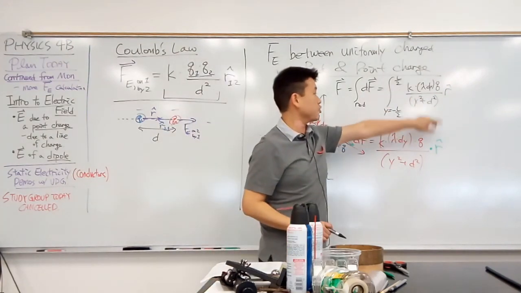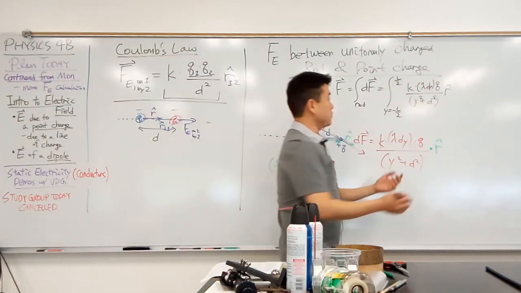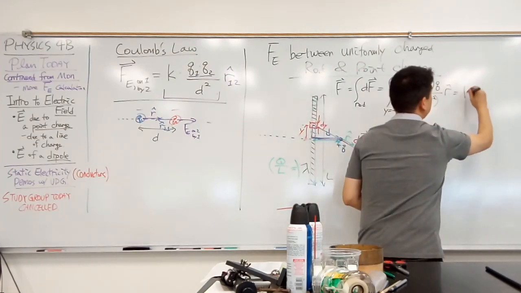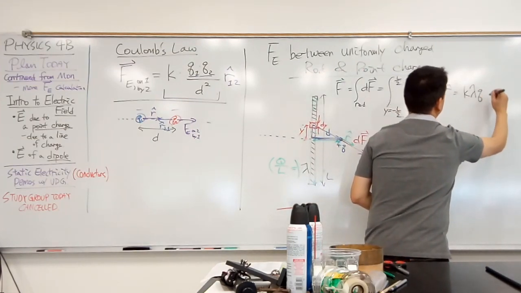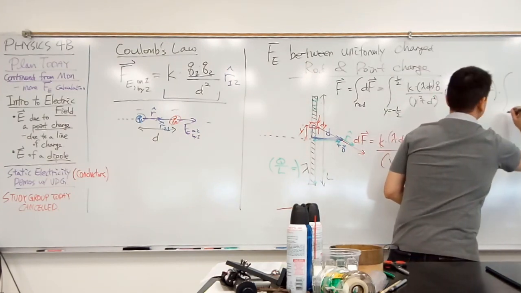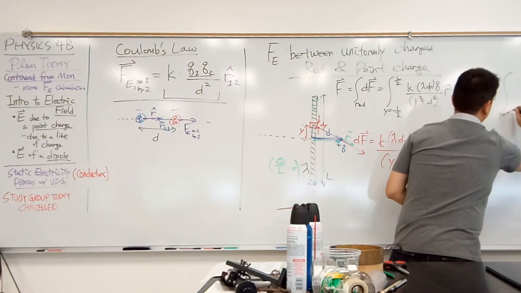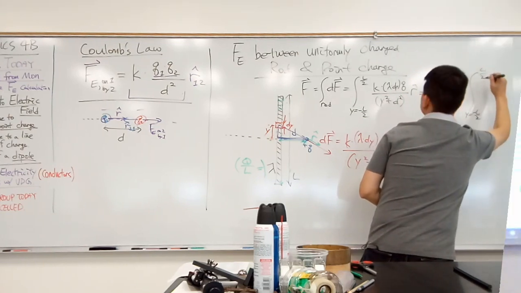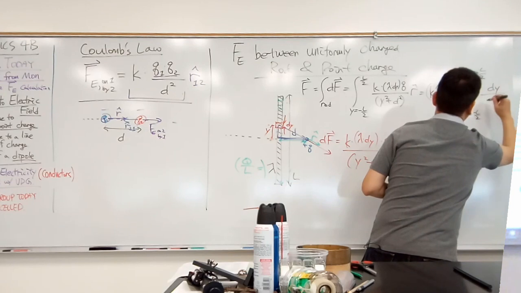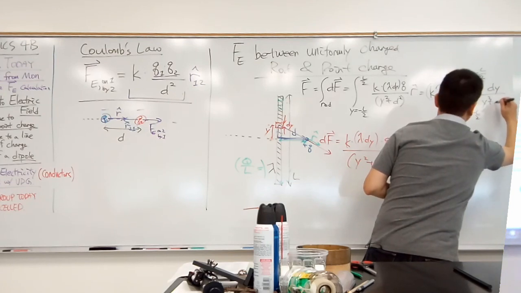So everything here seems to be already in terms of y. So you write it out. Factor out all the constant quantities, k lambda q r hat times the integral from minus L over 2 to L over 2, dy over y squared plus d squared.